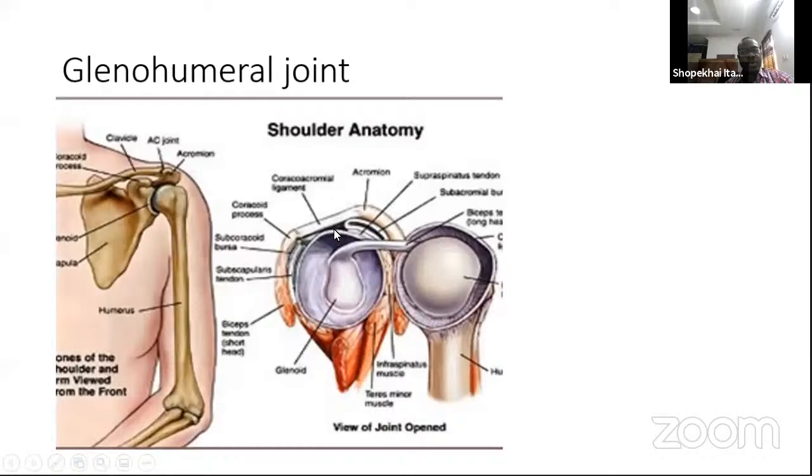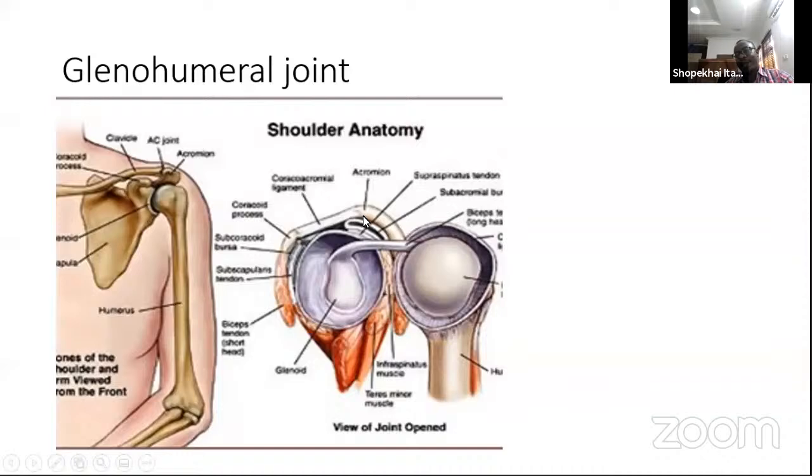We would look at the articulations of the acromion and the coracoacromial ligament with the coracoid process. And looking at this, you can see that the tendon here lies underneath the arc created by the acromion and the coracoid process via the coracoacromial ligament.